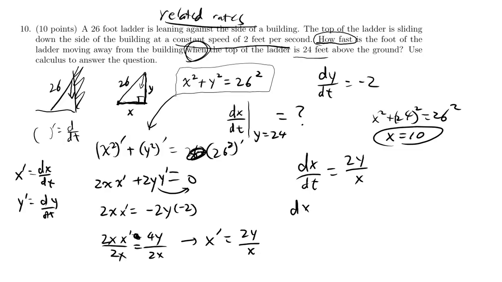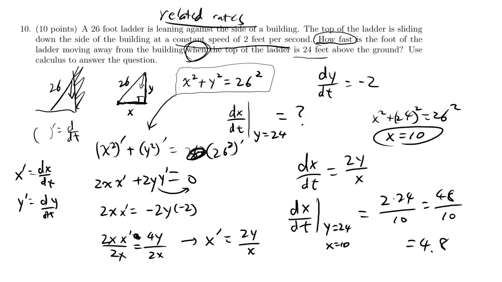So if you're looking for dx/dt when y is 24, that means x would be 10. So you get 2 times 24 over 10, which is 48 divided by 10, which is 4.8. And the unit is feet per second, so it's 4.8 feet per second. So that's how you solve this.